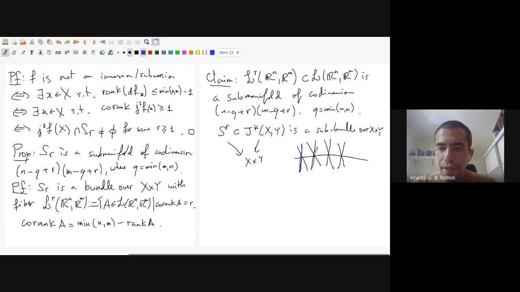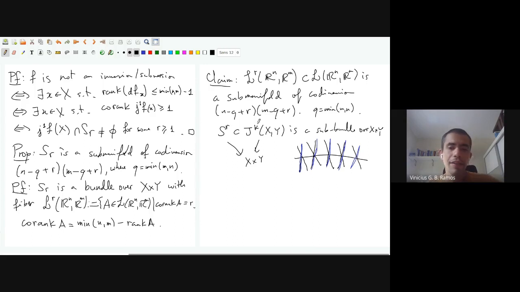So this blue guy is a subbundle of the original bundle. So then the codimension of the subbundle as a manifold is the same as the codimension of the fiber of the other one. Okay, because basically the base is the same.